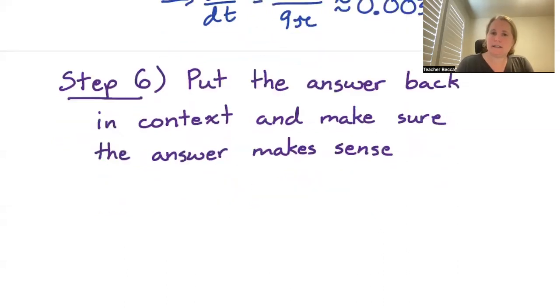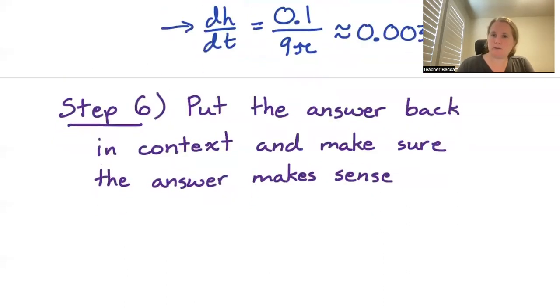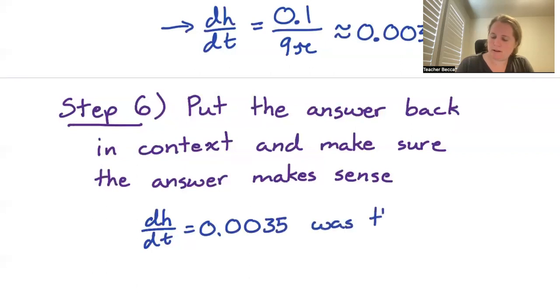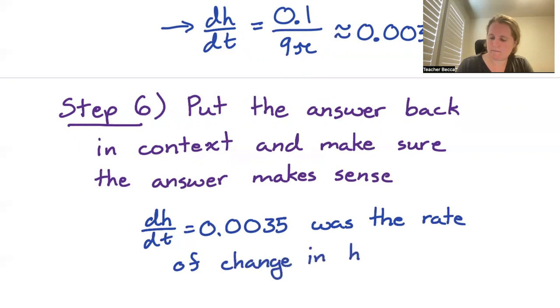So dh/dt equaling 0.0035 was the rate of change in height when h equals 6.